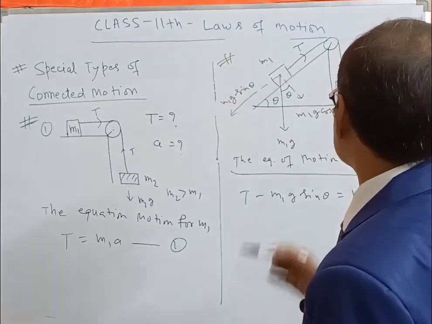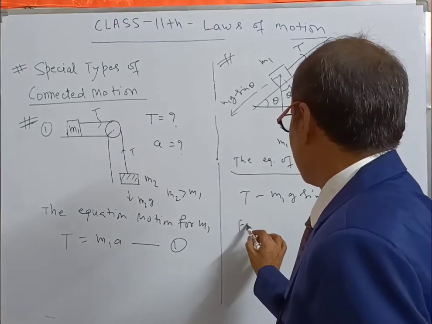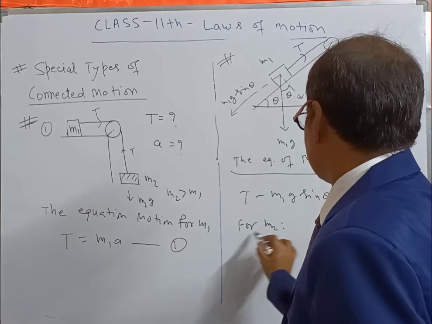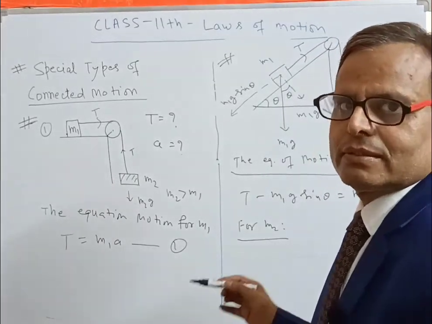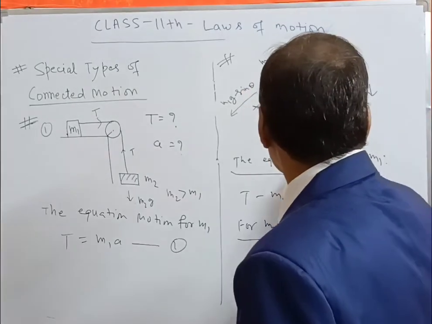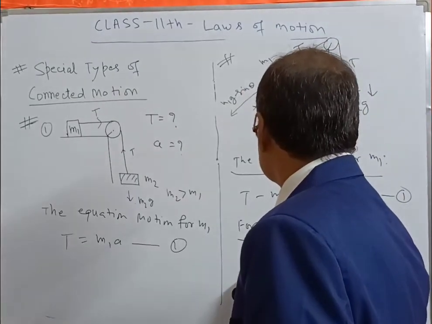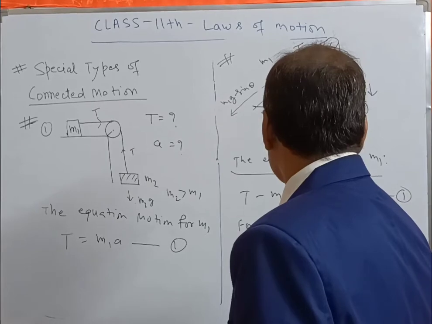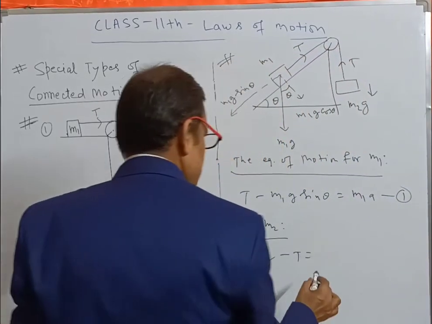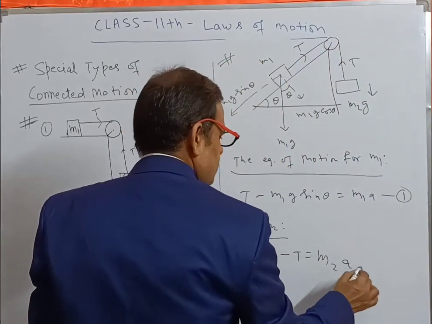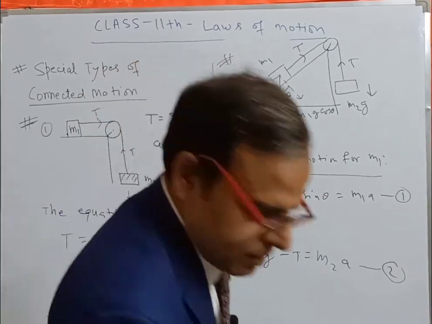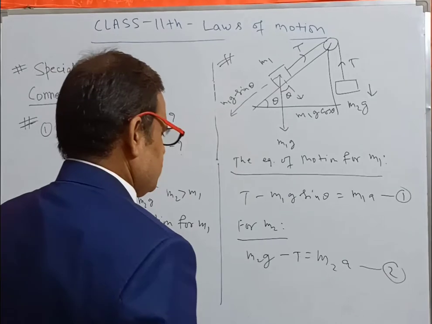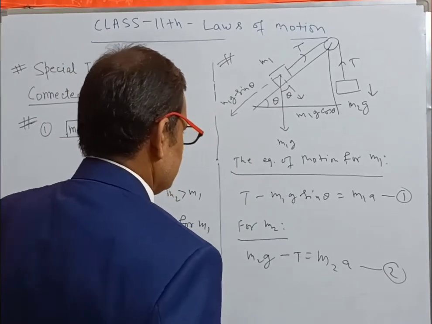For the second equation, for M2, the equation of motion can be written as M2G minus T equals M2 into A, equation 2. Solving means adding 1 and 2.